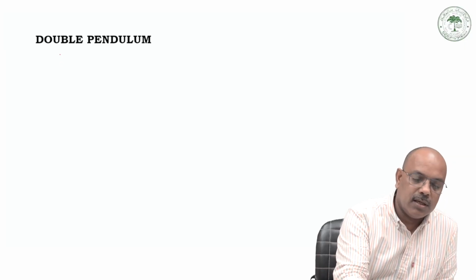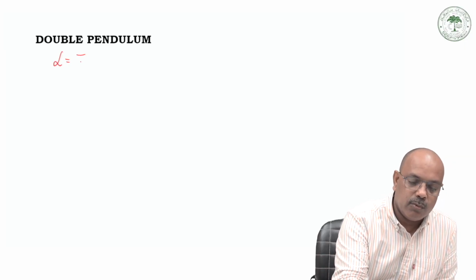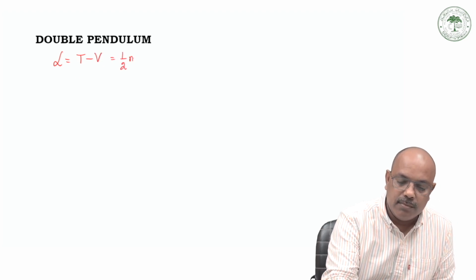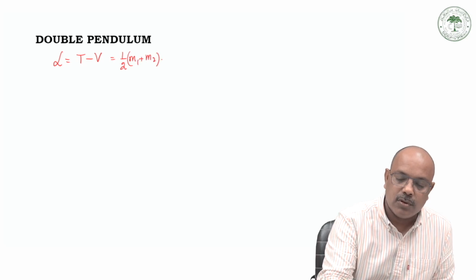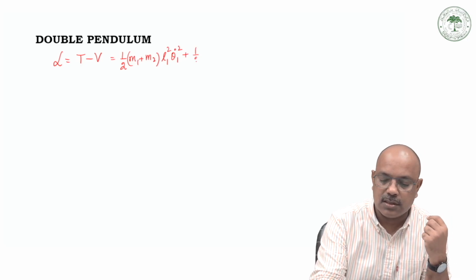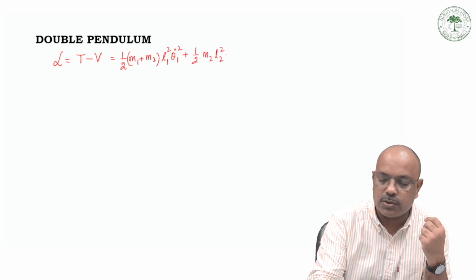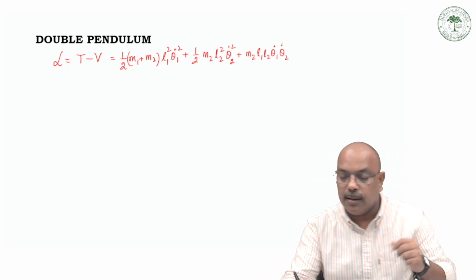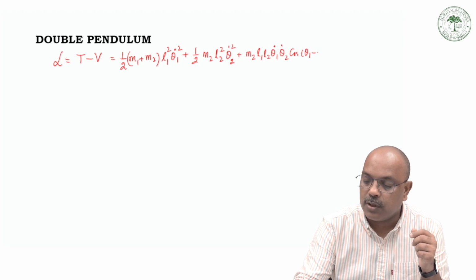I remember the Lagrangian, so I'll not take much time for that. The Lagrangian for this double pendulum was T minus V, that was half (m1 plus m2) L1 square theta 1 dot square plus half m2 L2 square theta 2 dot square, and then the third term was m2 L1 L2 theta 1 dot theta 2 dot cos(theta 1 minus theta 2).